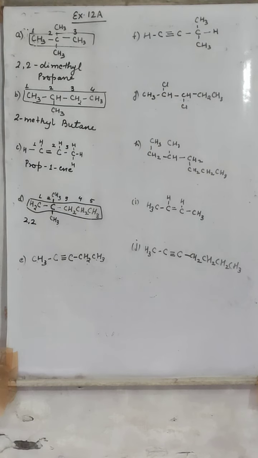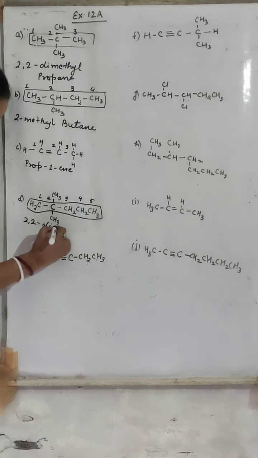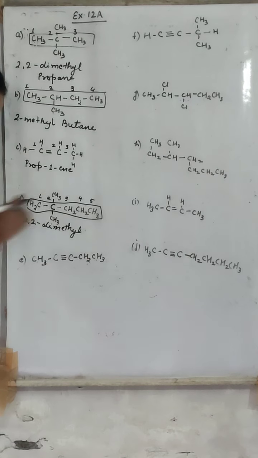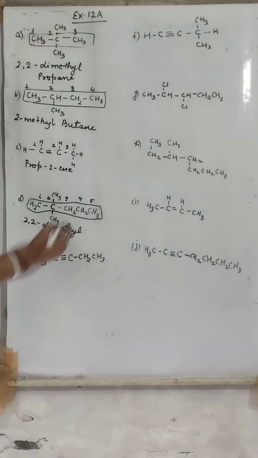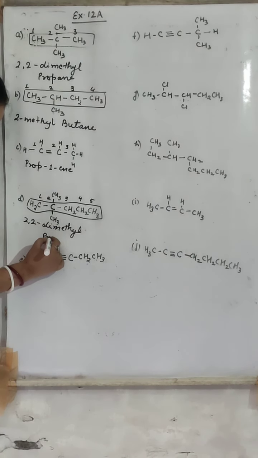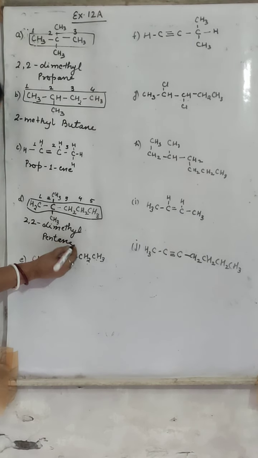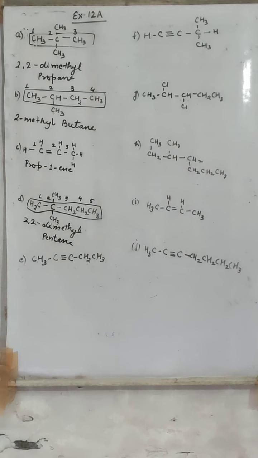So we will write the number 2 times: 2, 2. That is why di. It is a 1 carbon alkyl, that is methyl. 2,2-dimethyl. 5 carbons are there. For 5 carbons we use pent. All single bonds, that is why ane. So 2,2-dimethylpentane.